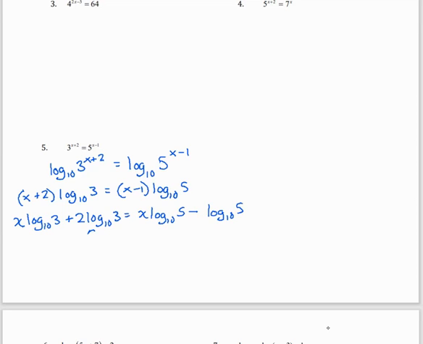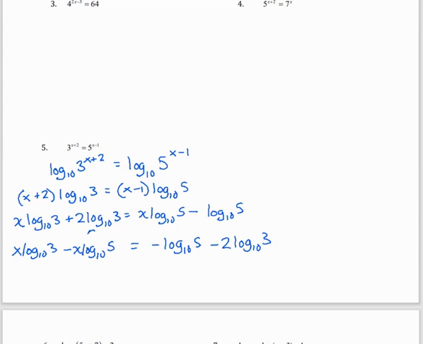So when I do that, I'll have x log base 10 of 3 still, and now I'm going to subtract x log base 10 5. So my x's are to the left. On the right-hand side, I'll still have the negative log base 10 5, but I'm going to subtract now the 2 log base 10 3.